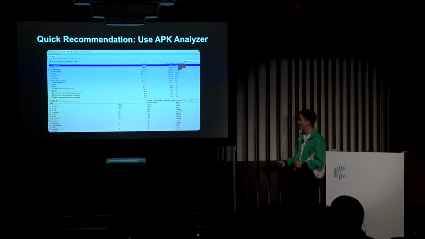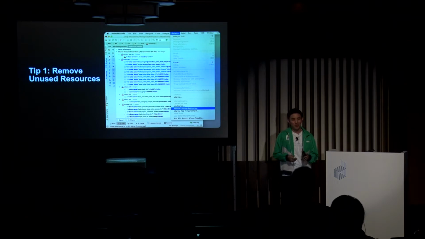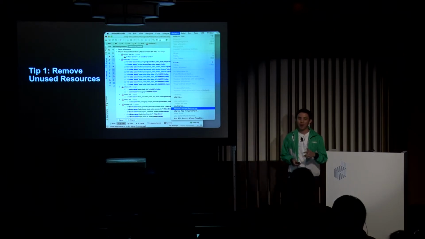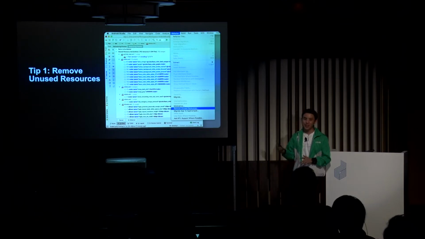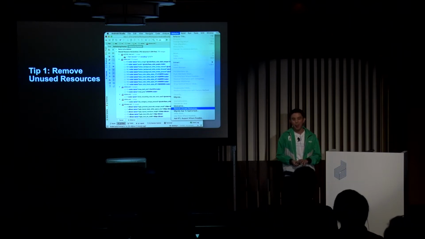It's very useful. Let's go to tip 1: remove unused resources. As I told you, I think most of you are working on a legacy project, and you don't want to remove unused resources by yourself, right? This tool will provide the menu. You just click the Remove Unused Resources menu in the taskbar.